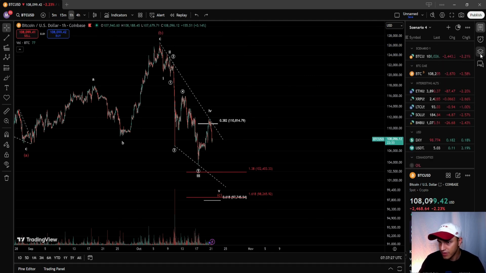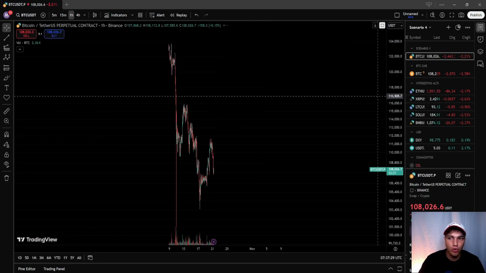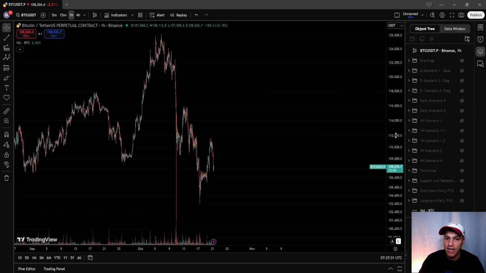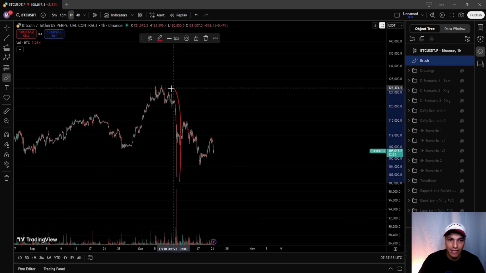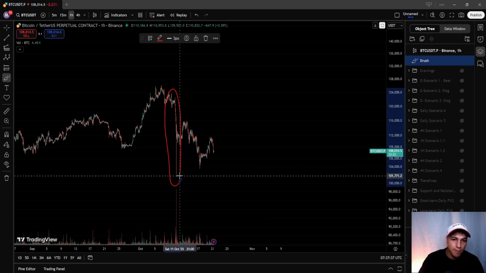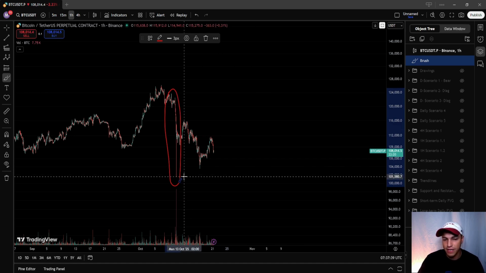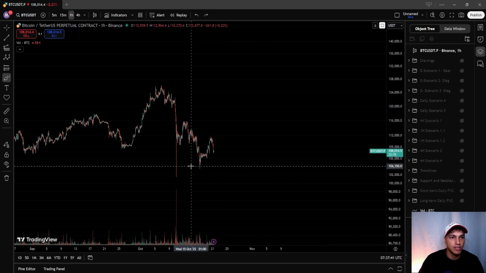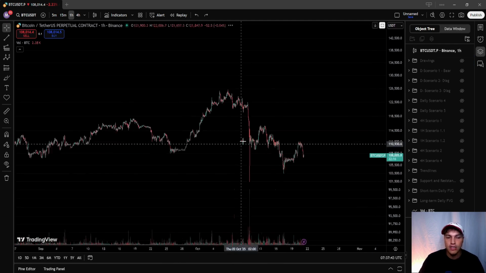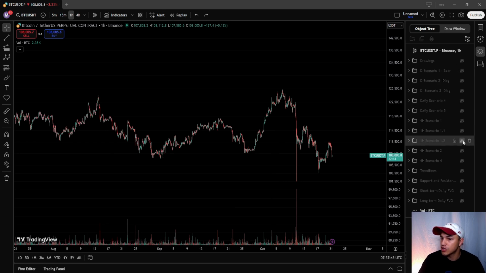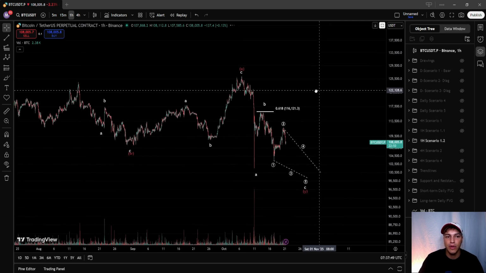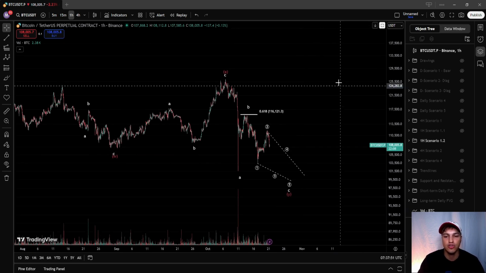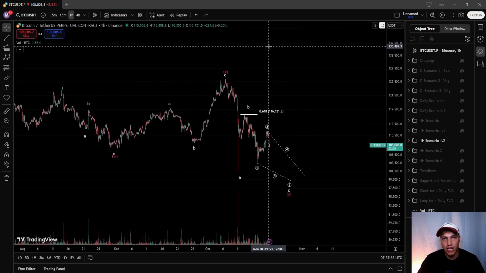Then if we go back to our old chart and see, you can see here the wick is just absolutely ridiculous. This is heavy market manipulation, but compared to every other chart, this one just looked the worst, right? So if we do go to our second scenario at the moment, we are looking at a possible WXY, still a corrective structure, still more lows to come, right?